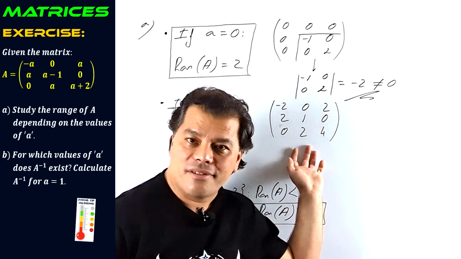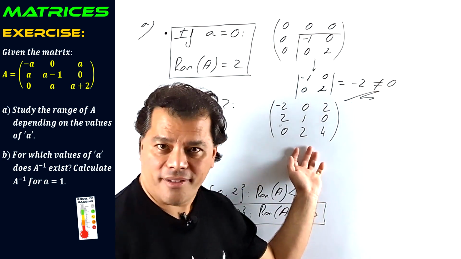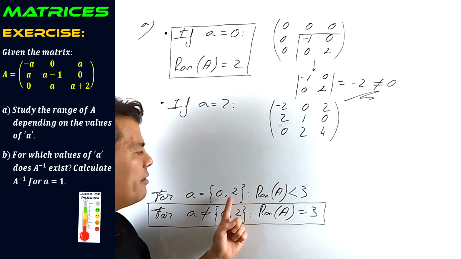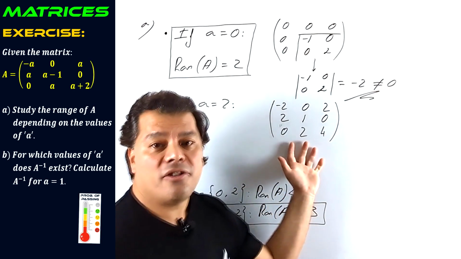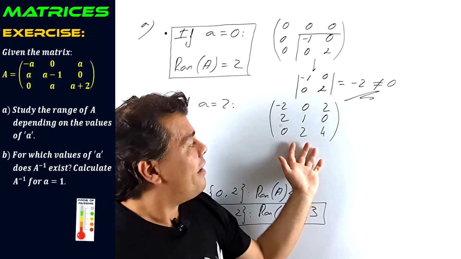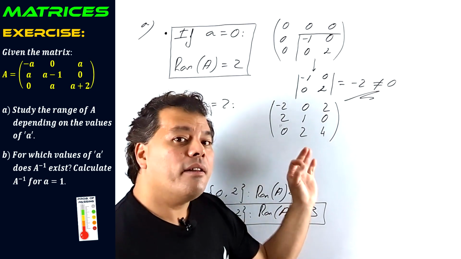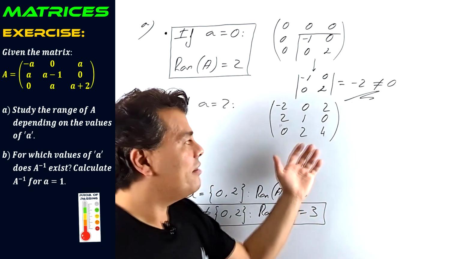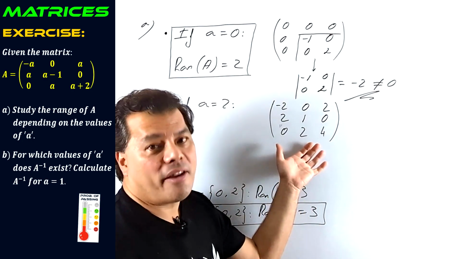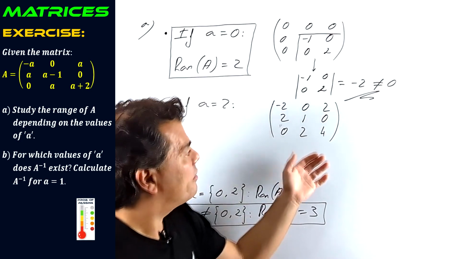Again, this matrix doesn't have range 3. But does it have range 2? If we can find a little order 2 determinant different from 0, this matrix will have range 2. Let's go ahead.